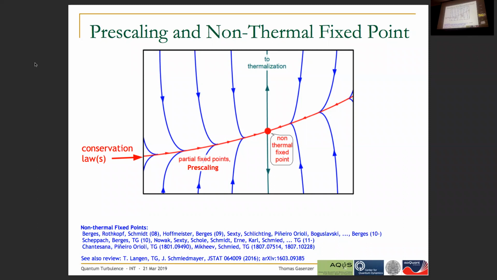In these examples, at least, it's infrared fixed points I'm looking at, and these are typically classical fixed points, like a second order phase transition or the quantum critical point at zero temperature. There can be quantum fluctuations around them, but at the fixed point itself, I would not expect quantum physics to be really important.